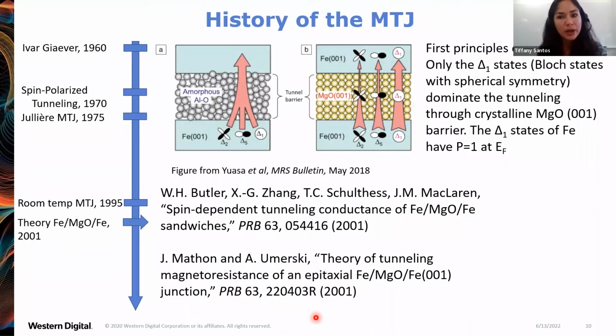In 2001, there was a first principles calculation saying that if you use crystalline magnesium oxide tunnel barriers and you put iron electrodes top and bottom here, and you have coherent epitaxy across the interfaces here, you'll have a special situation where you have fully spin polarized electrons in the iron.